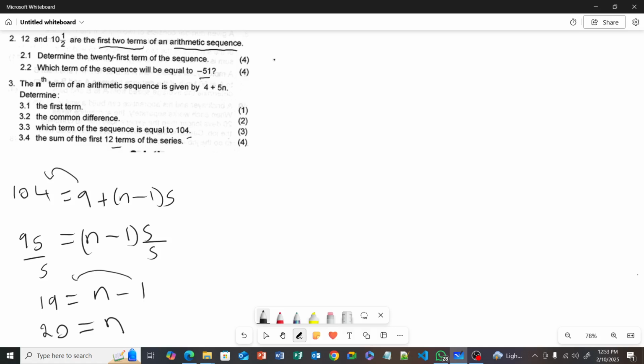So since that is given to us, S12 equals 12 over 2 into 2 into a. So a is the first term. We determined that the first term was 9. So into 9.